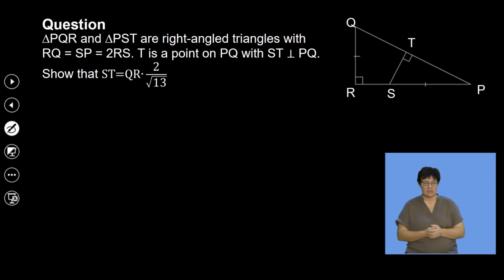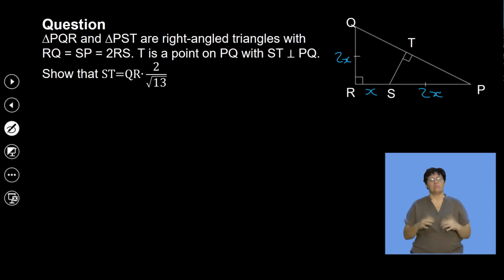The second question now wants us to prove that ST is equal to QR multiplied by what we have there. And we're going to use a ratio. But before that, I'm just going to quickly add what I know. That is x, that is 2x, and that is 2x, right? As we've done with the previous questions.